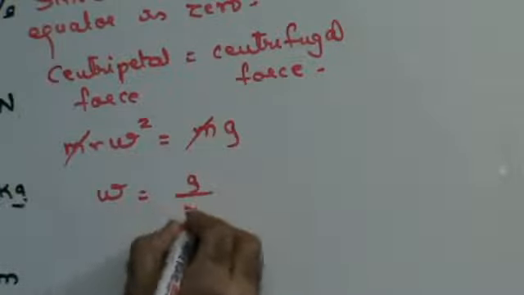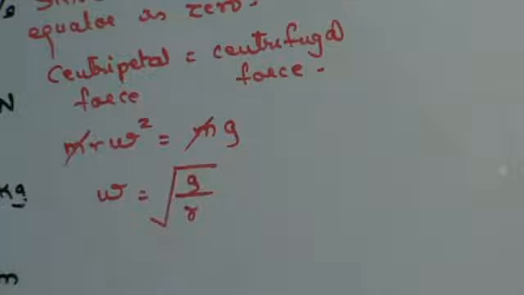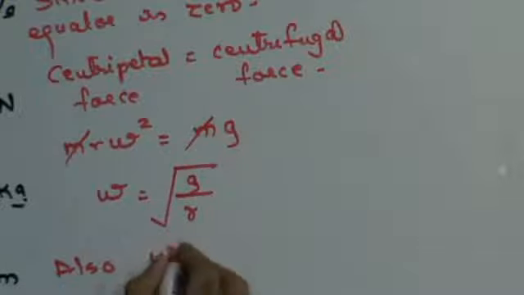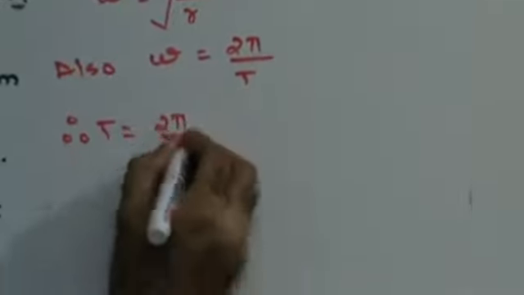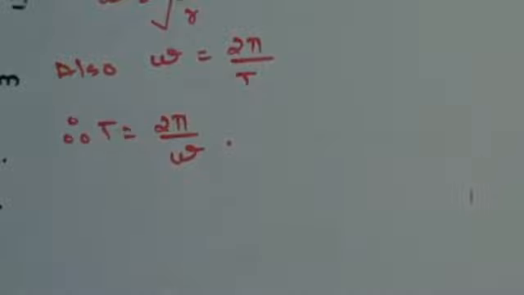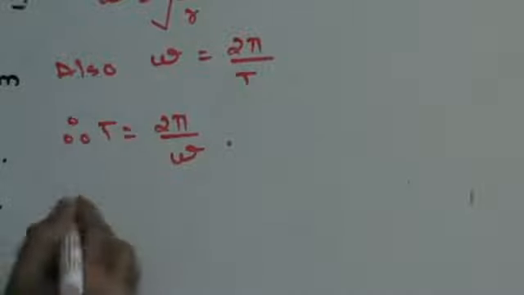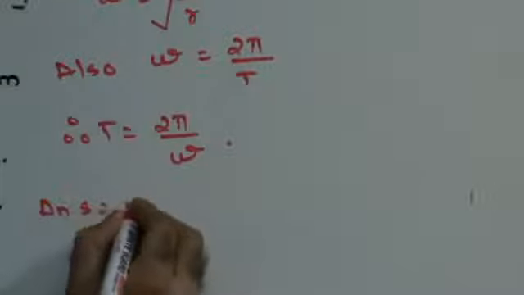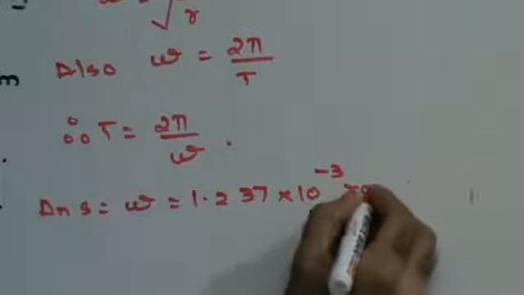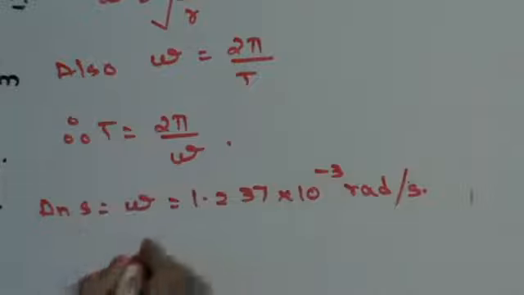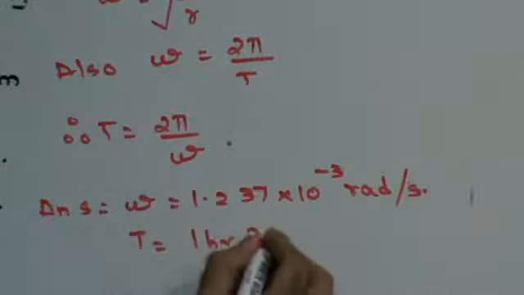Omega is under root g upon r. That should be the angular speed with which the earth should rotate, so that the weight of a person on the equator becomes 0. Now, also omega is 2 pi upon T. Therefore, I can say T is nothing but 2 pi upon omega. So I'll come to know the length of the time there. I'll get the time in seconds. The answer for this should be omega is 1.237 into 10 raised to minus 3 radians per second, and time should be 1 hour 25 minutes.